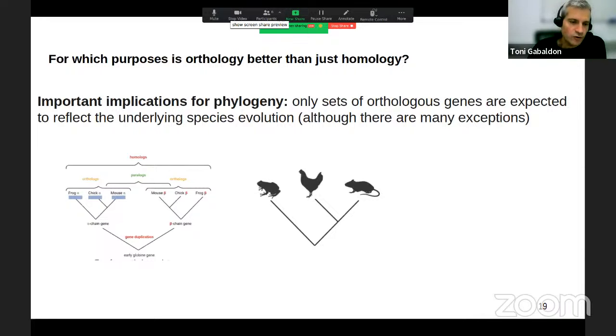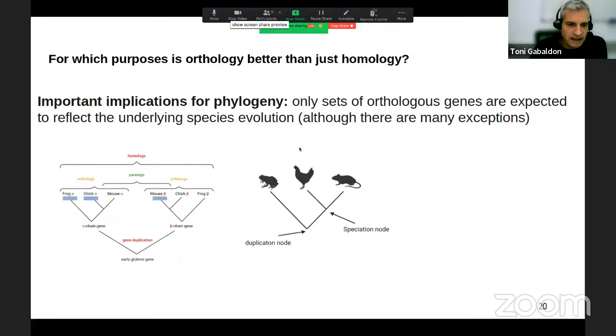If we go to the globin gene, and imagine we are interested in reconstructing the species tree, and we take only these genes from this branch, which are all orthologous to each other, we will recover the correct species tree. But if we just care about homology and simply take one member of the same family from each species, we may end up choosing one gene that has a paralogous relationship with the other genes. And this will lead to the wrong tree.